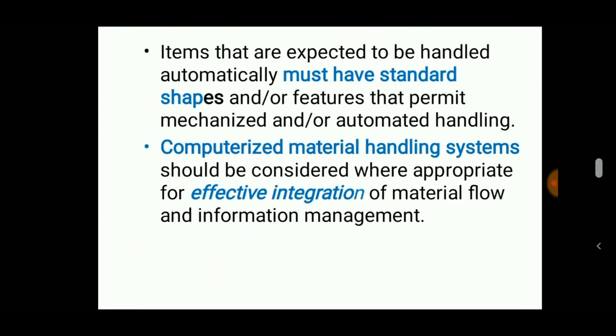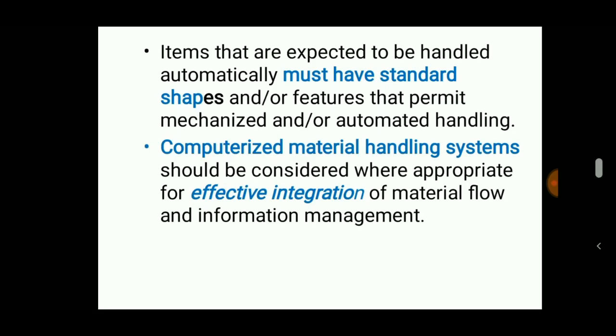The items that are expected to be handled automatically must have standard shapes. This is very important, because automated machines are pre-programmed. For example, in a material handling or assembly line, if square-shaped parts are meant to flow, but circular or cuboid-shaped parts flow instead, the machine will not recognize that part and will reject it as a defect.